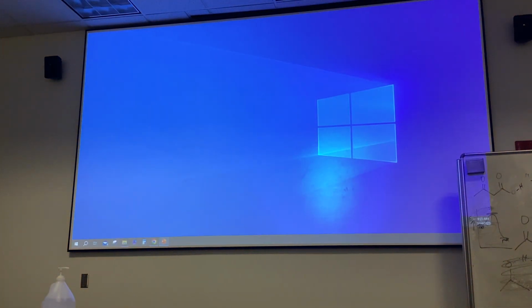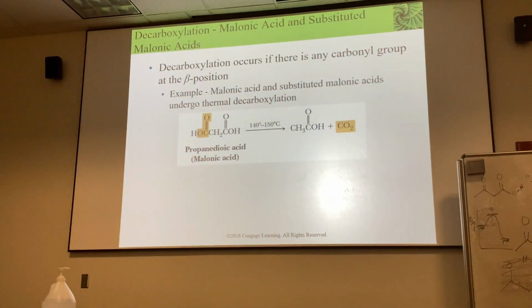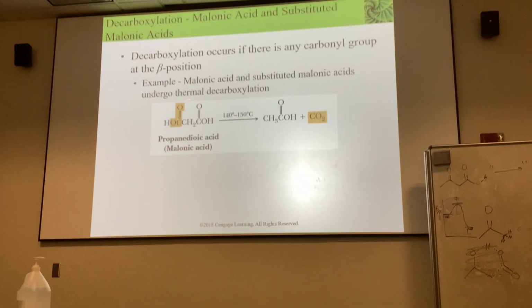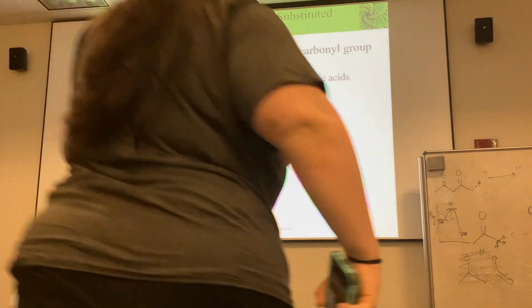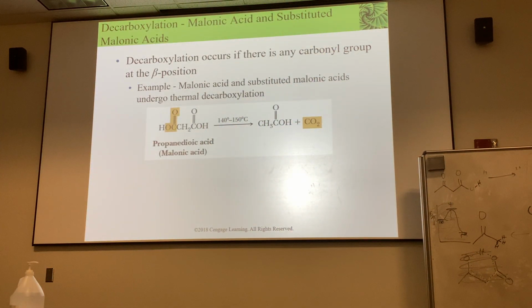Hold on, we're just gonna unhide that. Because I could draw the same thing again, or we could just say, this is decarboxylation, and look, now it's not an aldehyde or a ketone anymore, it's a carboxylic acid group. Still a carbonyl, but it's a carboxylic acid group. Now you get to choose which one you get rid of because they're both identical, right?